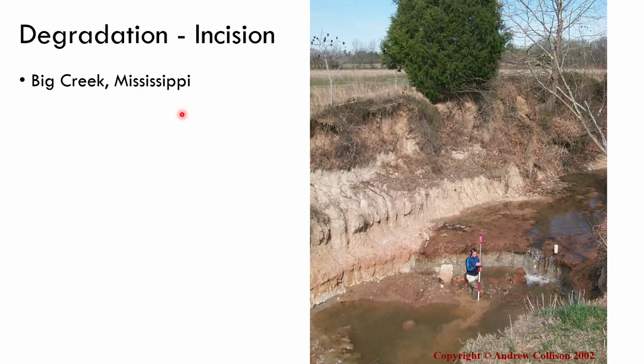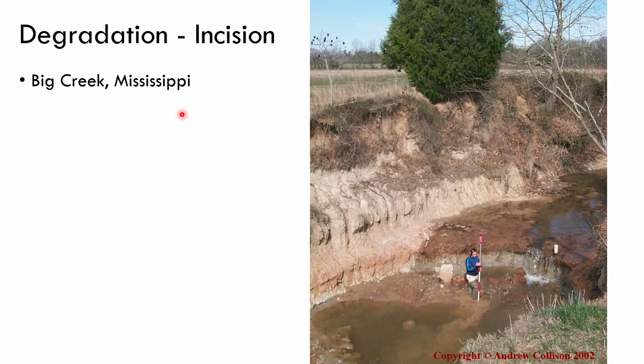Here's another example, and you can see the person down at the bottom there to give you an idea of the incision in this landscape. It's very similar, very deep, but in this case there's really no floodplain, so the river's being forced to dig in and accommodate the water that it's being given.